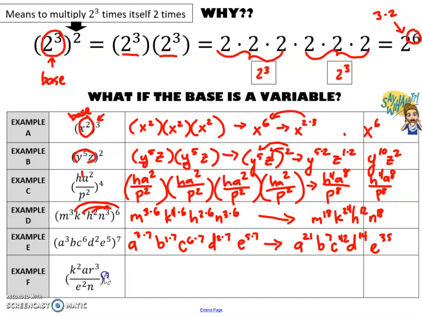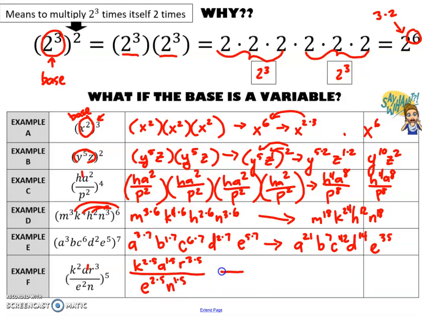Okay, all right, last one is our fraction. Remember, you use the exact same rule. Okay, times all the exponents. So we're going to have k to the 2 times 5, a to the 1 times 5, and r to the 3 times 5, all over e to the 2 times 5, and n to the 1 times 5.